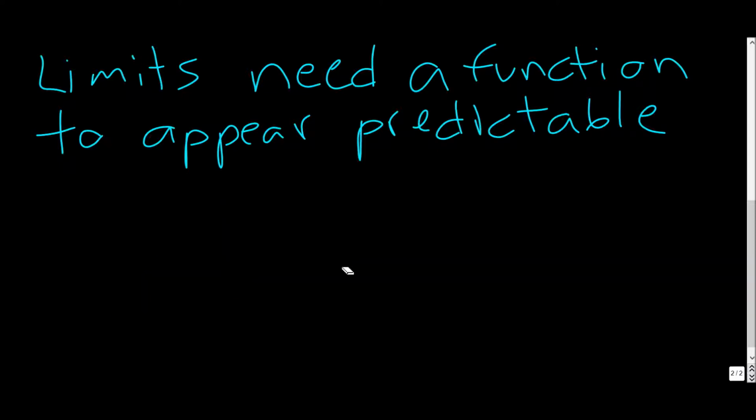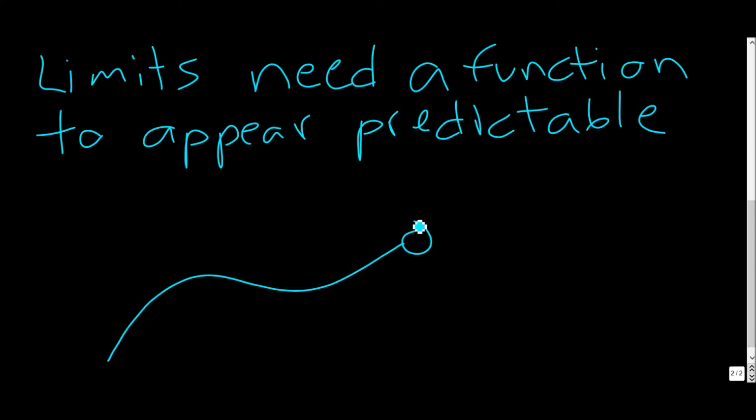So one thing that you want to get yourself over is that the function value doesn't have to exist. What can happen is, let's say we have a point, right?